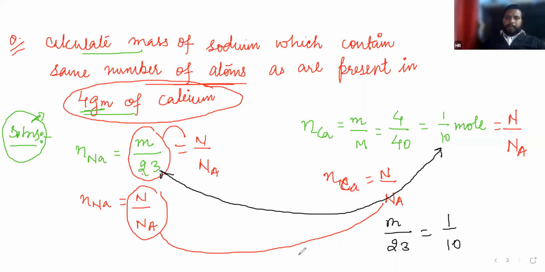Cross multiply: 10m equals 23, and m equals 23 upon 10, that is equal to 2.3 gram. We just need to write the formula of moles in terms of mass as well as in terms of number of particles, because according to the question the number of atoms is equal, so we can easily calculate and equate.